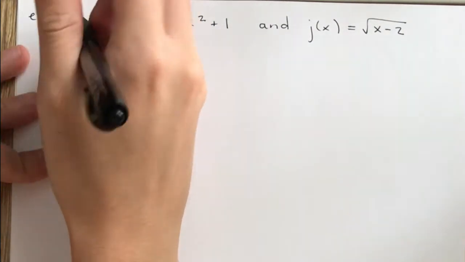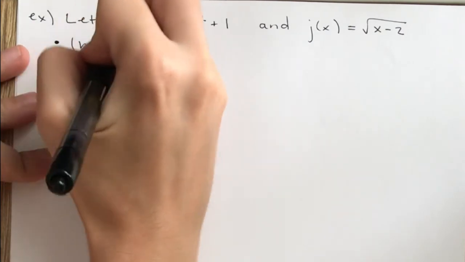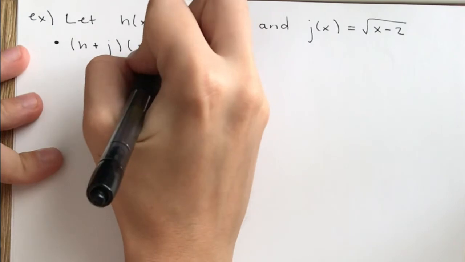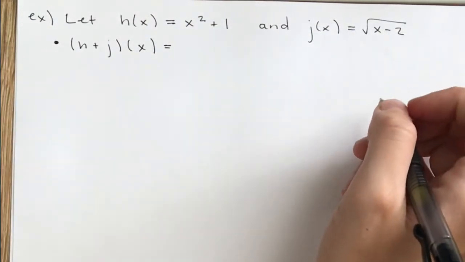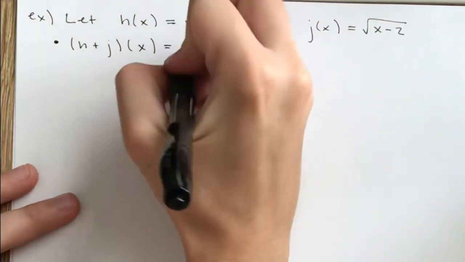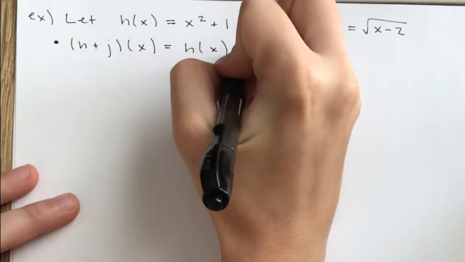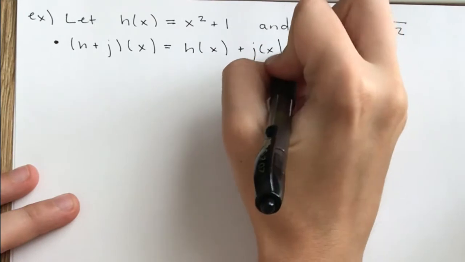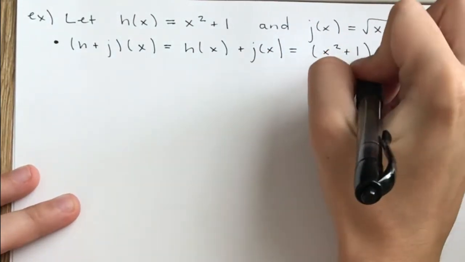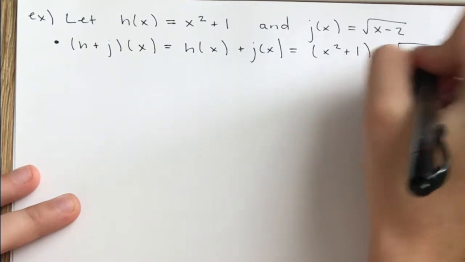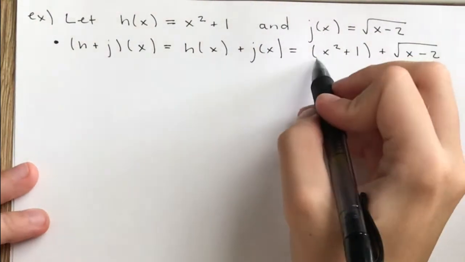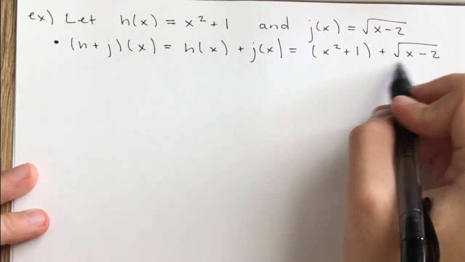What is h plus j of x? Well, again, easy. Just h of x plus j of x, which here is just x squared plus 1 plus the square root of x minus 2, right? H of x plus j of x.